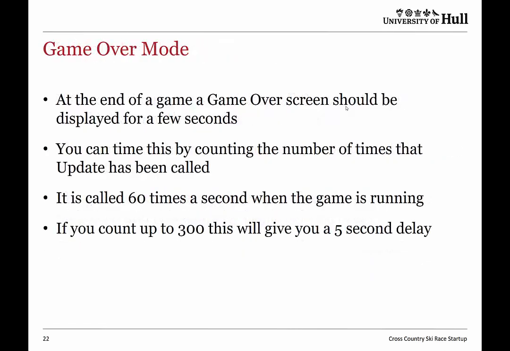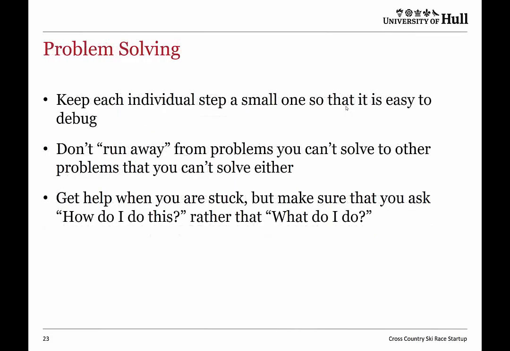The end of the game, you want a game over screen, and if you want to do timing in the game, it goes at 60 Hertz, which means that effectively you can count up to 300, that's 5 seconds. So just have a counter which counts up in that state until it reaches 300, and then away you go.